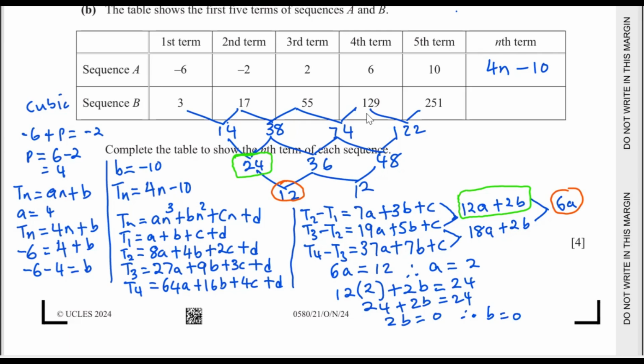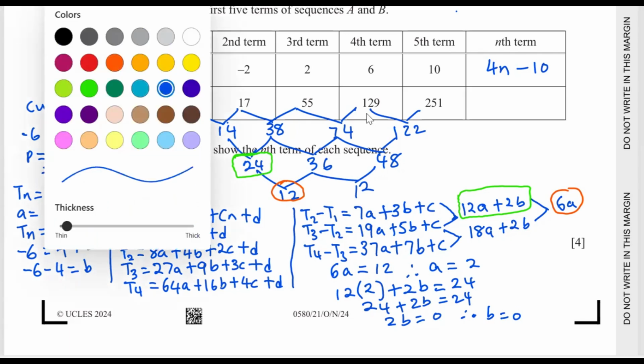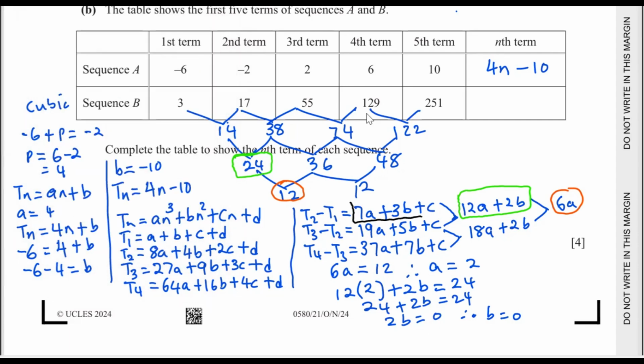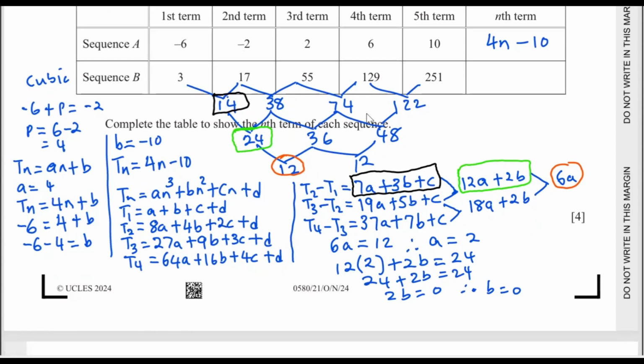Now, for us to get the value of c, you look up again, we are going to equate this particular one here. This is the first difference. We're going to equate this to this first difference here.